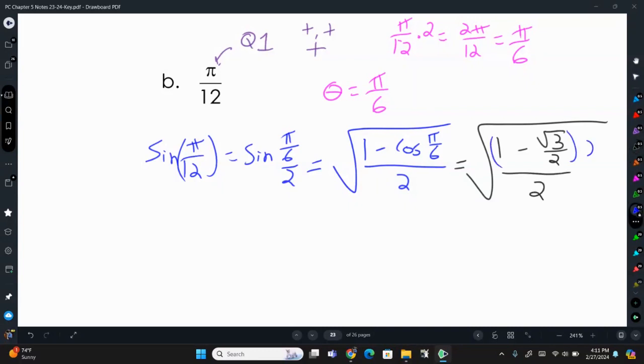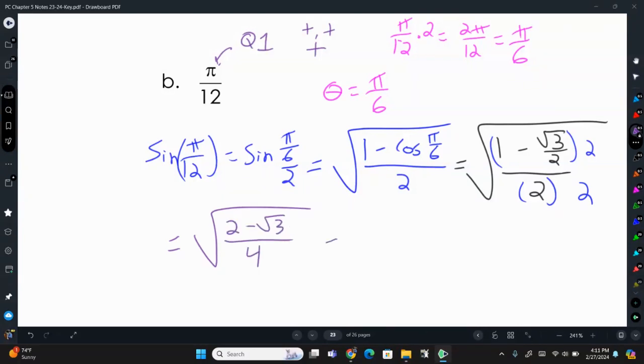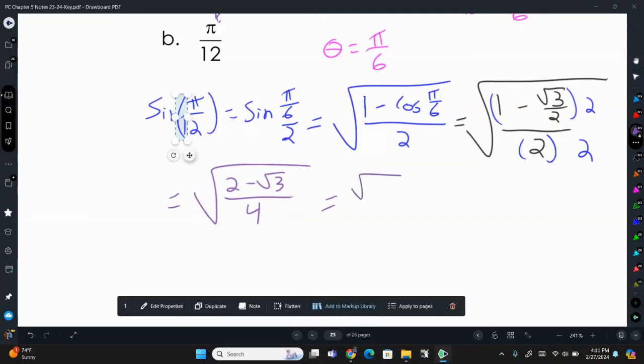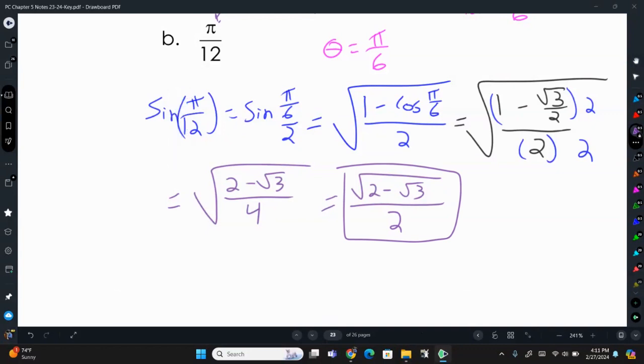So then we're going to multiply the top and bottom by 2. So then this is going to equal the square root of 2 minus the square root of 3 over 4. And we can square root only the denominator, so it's going to be the square root of 2 minus the square root of 3 over the square root of 4, which is 2. So that's going to be our sine of pi over 12.